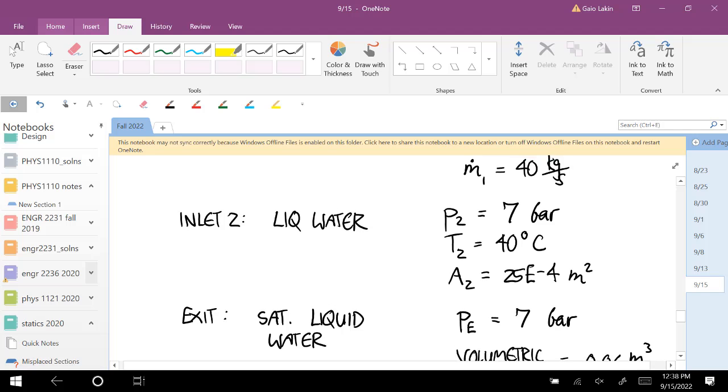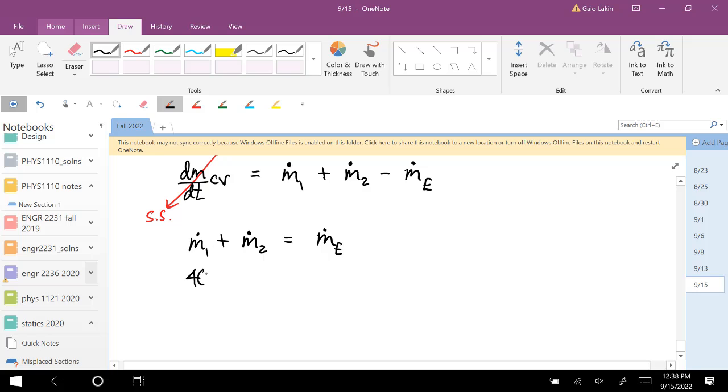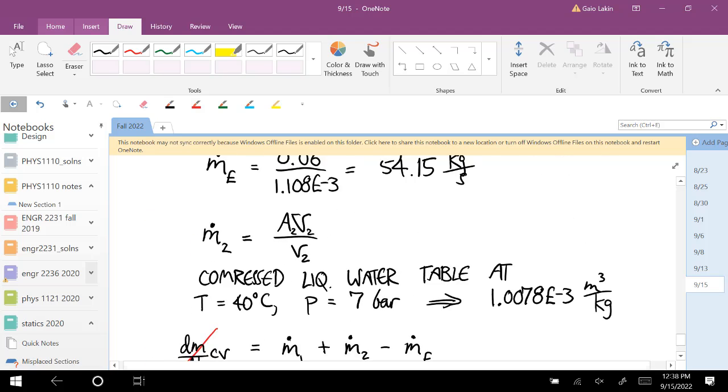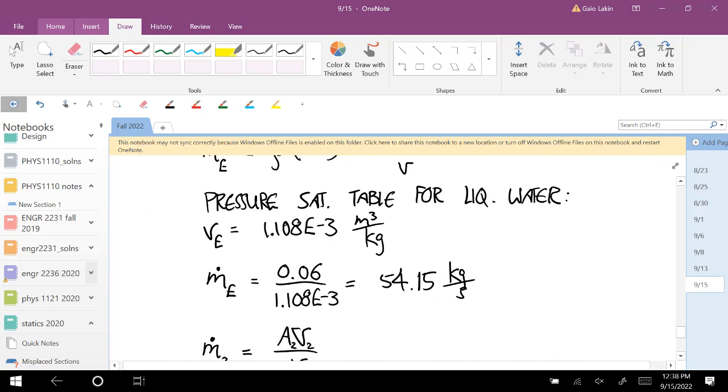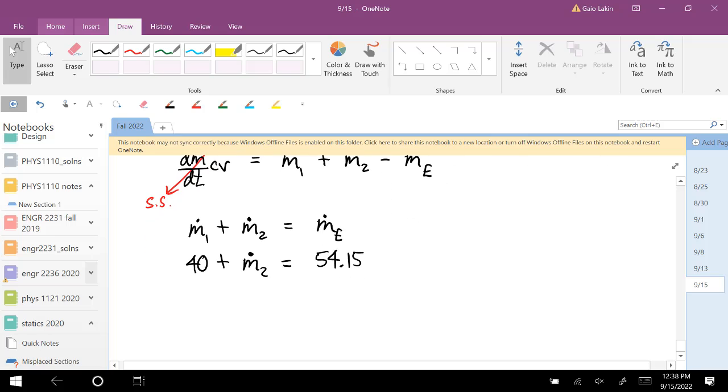For 1, we have 40. For 2, we're trying to find that. And then the exit was 54.15. And so the mass flow rate at the inlet 2 is 14.15 kilograms per second.